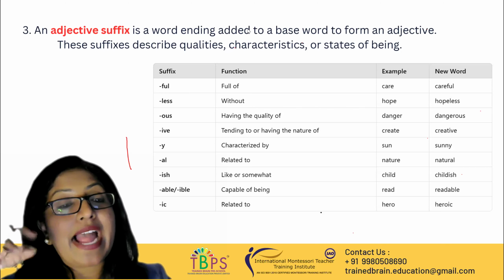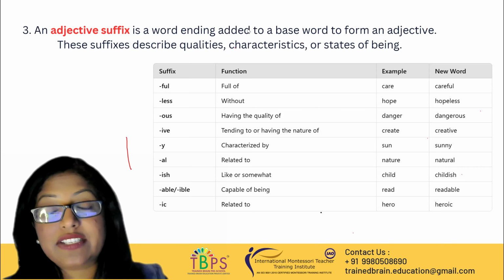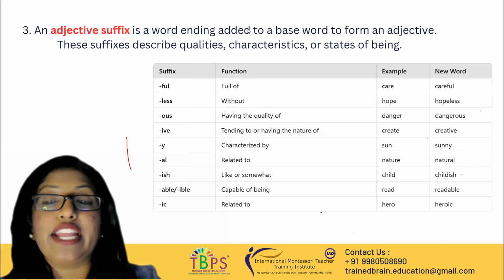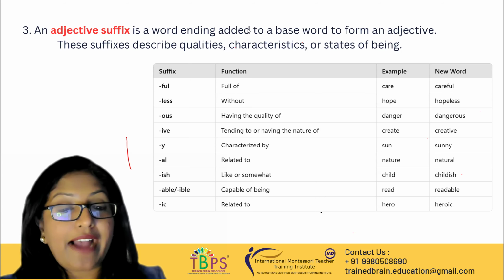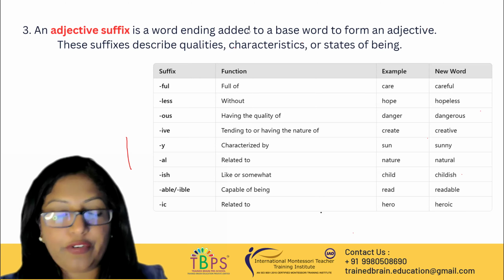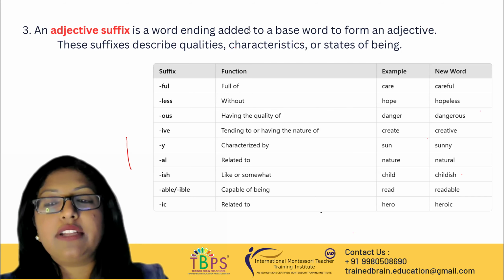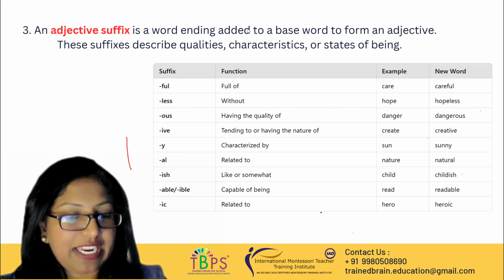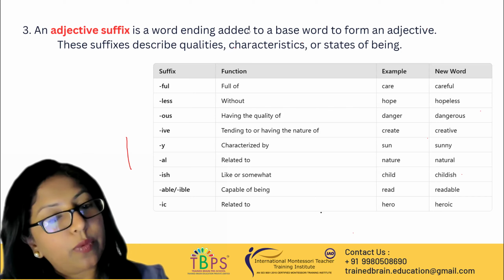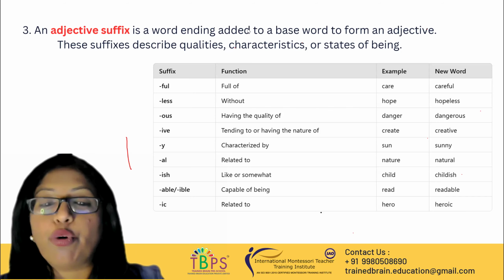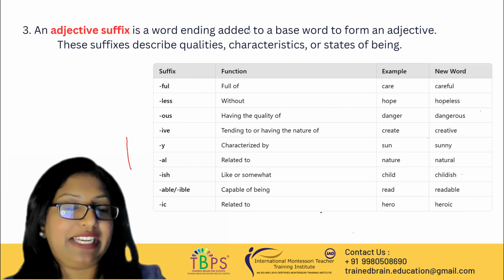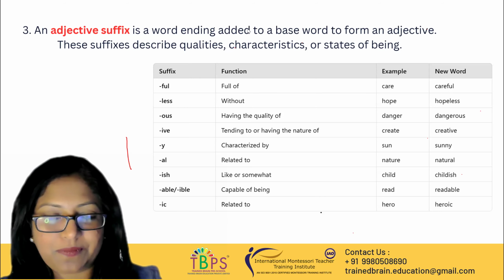Now I can also add IVE, which is tending to or having the nature of. You're trying to have that nature of something. For example, if you're very good in something, you're very creative, correct? So do we have any words with IVE, which is actually showing you that you have that nature?